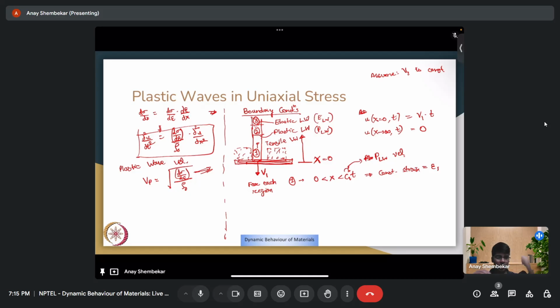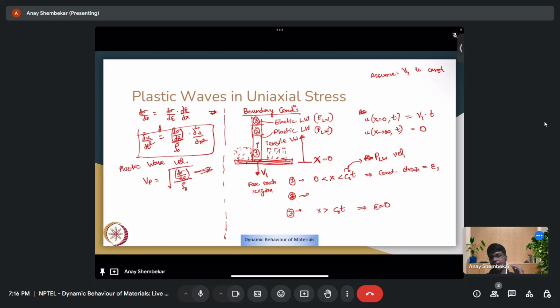Ahead of region 3, which is the elastic wavefront, no disturbance has reached, so there will be no deformation. For region 3, x greater than c naught t, we can write epsilon equal to 0. Region 1 has the maximum total strain epsilon 1, which contains both elastic and plastic parts.